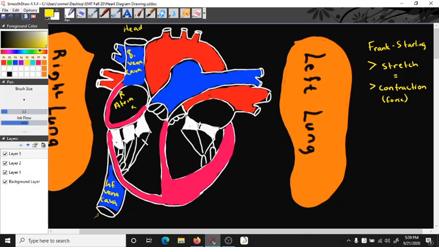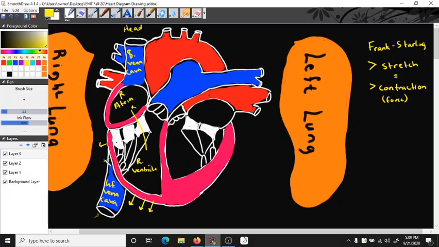So the harder it's going to pump. And so when the right atria contracts, it's going to fill this, your right ventricle, with blood. And that filling is going to stretch that muscle wall. And it does it up here as well, right?